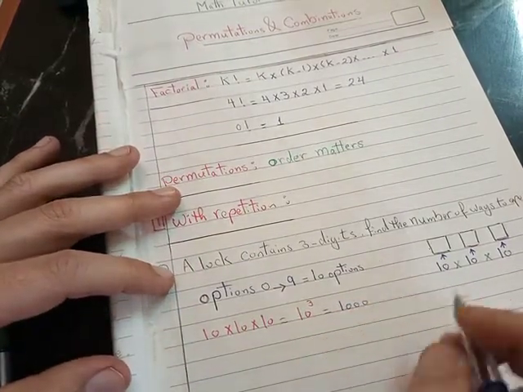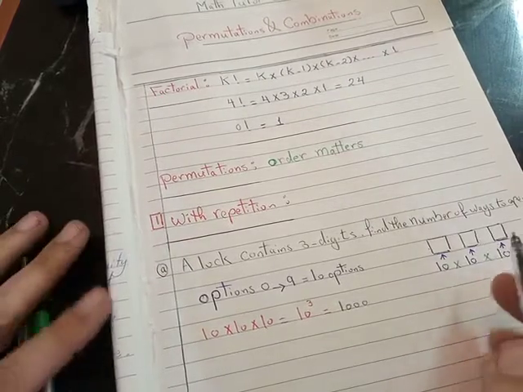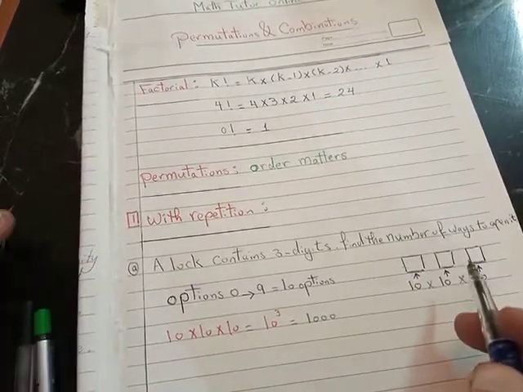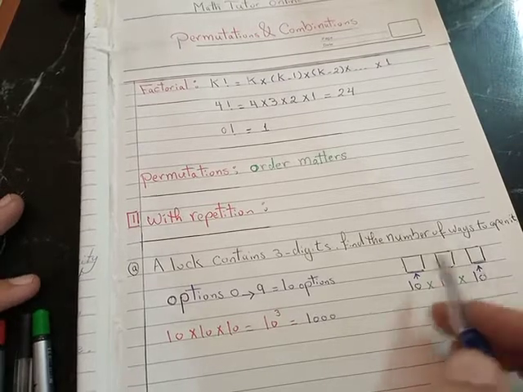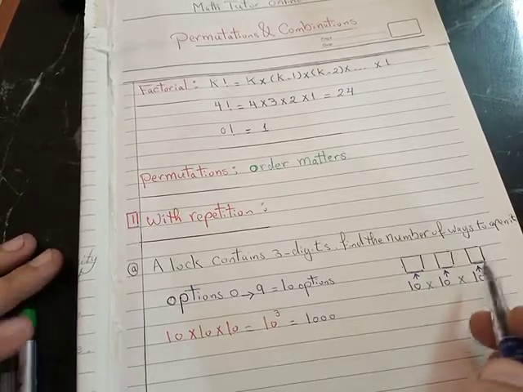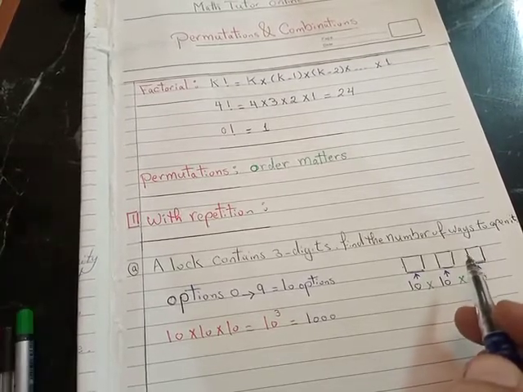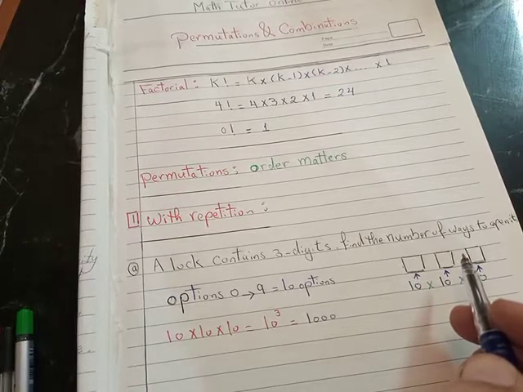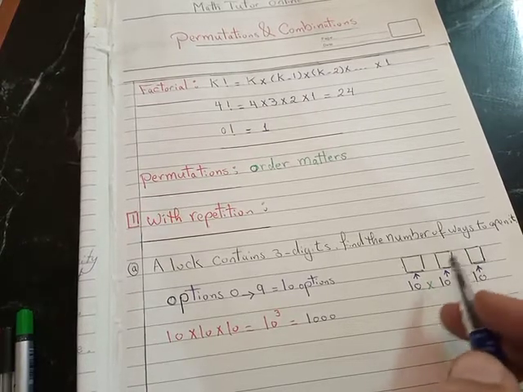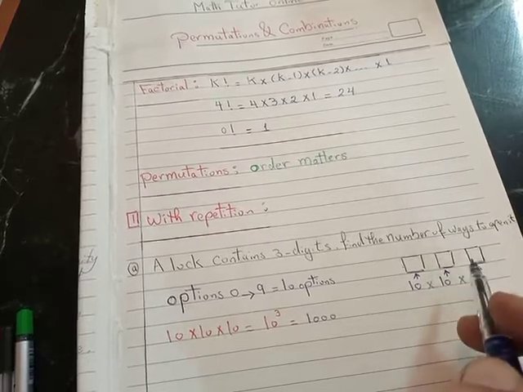So we have 1000 ways to open, or we have to try 1000 times to open that lock, or there are 1000 ways to make a password for that lock.